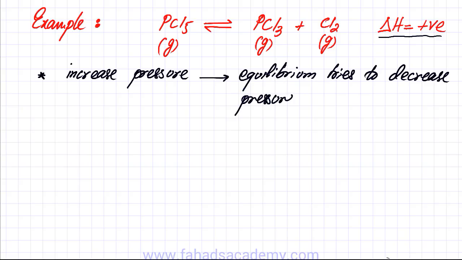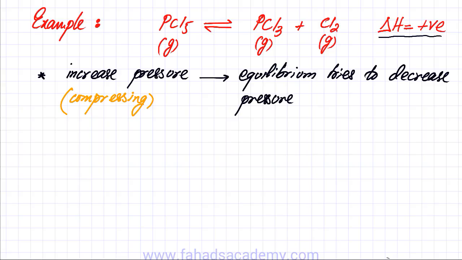Your pressure would be decreased if there are fewer particles, because there would be fewer collisions. So the lesser volume side would be favored. If you increase pressure, you're compressing your system. It's like a piston, like compressing something.